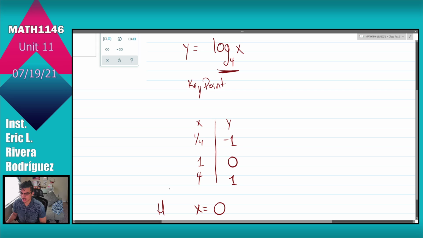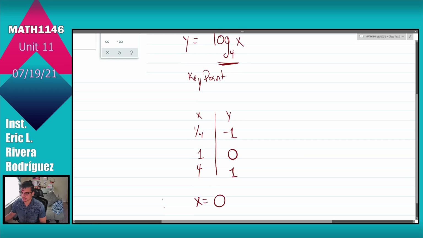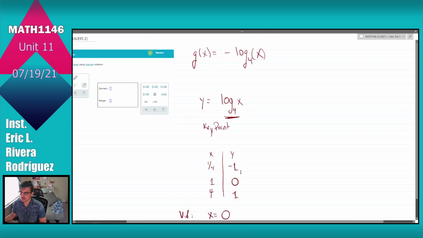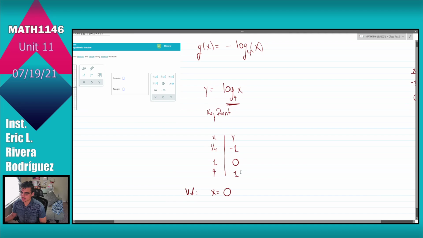This function has a vertical asymptote at x equals 0. And that's all we need for the parent function.